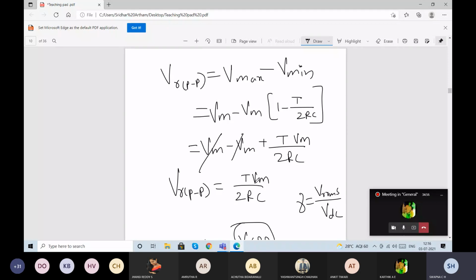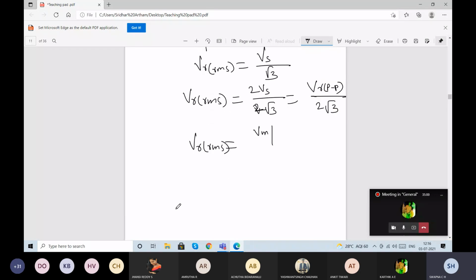So it is VM T by 2 RC, divided by VDC, divided by 2 root 3. See here what I've done, I've substituted the VR peak to peak value here, that's it. So VM T by 2 RC.